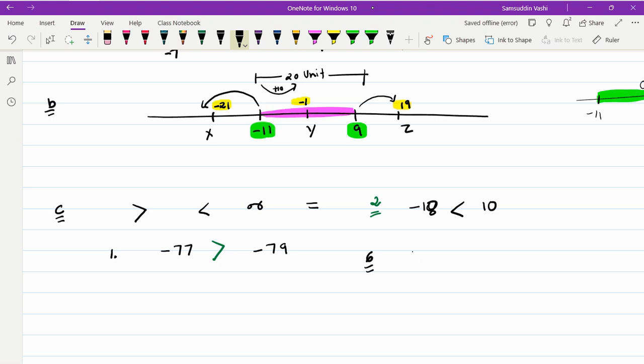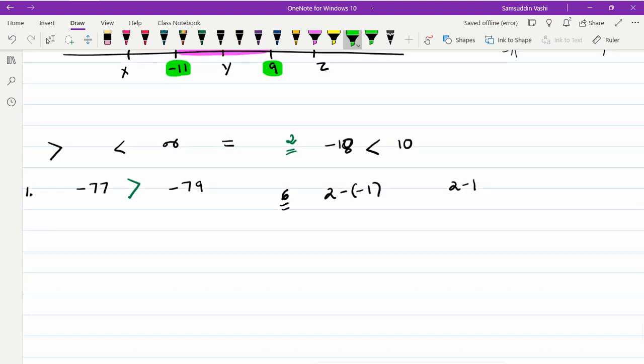So number 6 is 2 minus 1, and the other side is 2 minus 1. So first, I can't just give the answer. I must think now. What will happen to the bracket if there is a negative outside? It will become positive. So it's no more 2 minus 1. It is 2 plus 1. It should be only one sign.